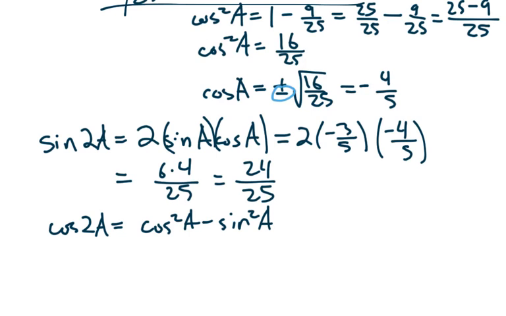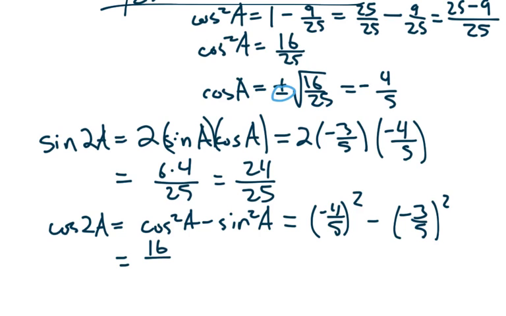But the hard part was figuring out cosine when we weren't given it. We already know now that cosine of a is negative 4/5, so cosine squared would be negative 4/5 squared. If sine is negative 3/5, sine squared is negative 3/5 squared. 16 over 25 minus 9 over 25, 7 over 25.